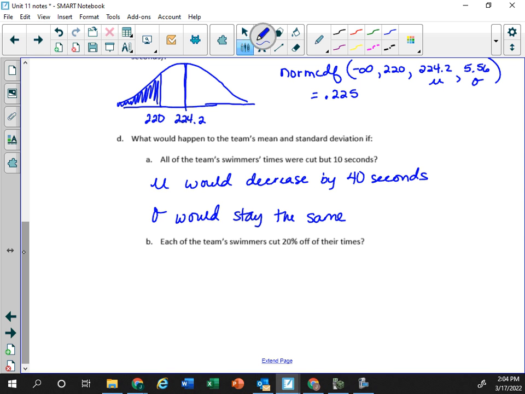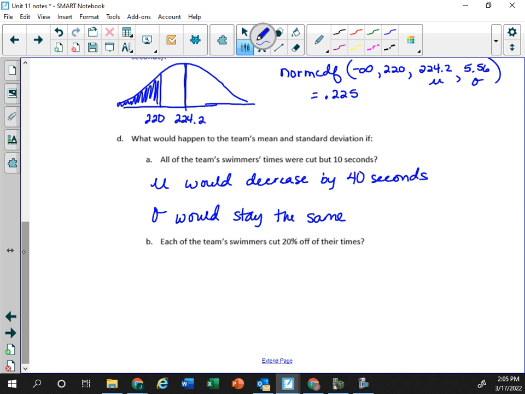Okay, so now what if each swimmer decreased 20% of their time? They got way faster. That's a fifth, yes. You could just say they would decrease by 20%.